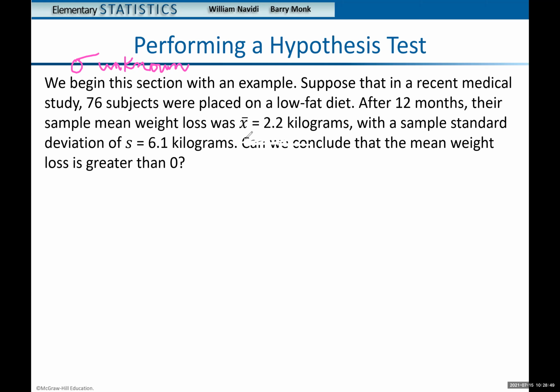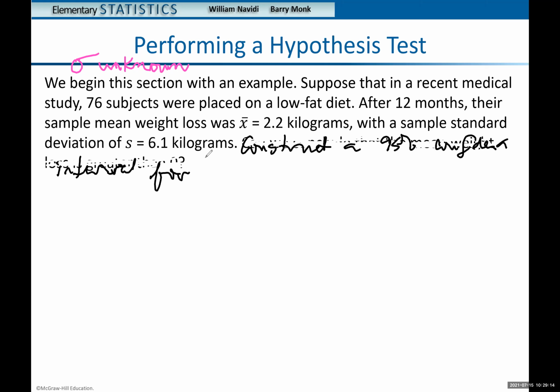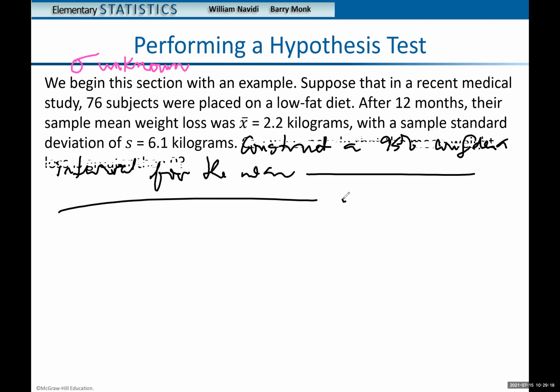let's say, think about if you don't have this question here, and if I change this to, let's say, construct 95% confidence interval the mean blah blah blah.